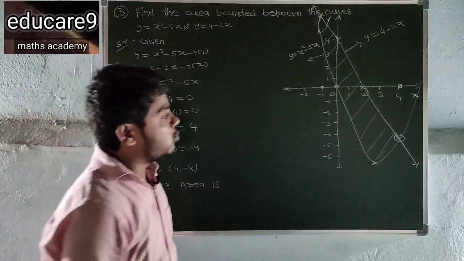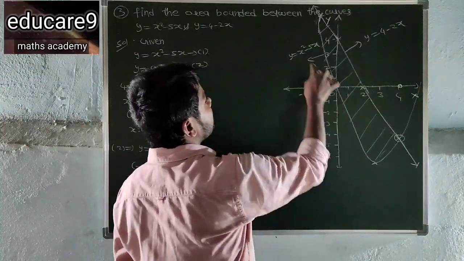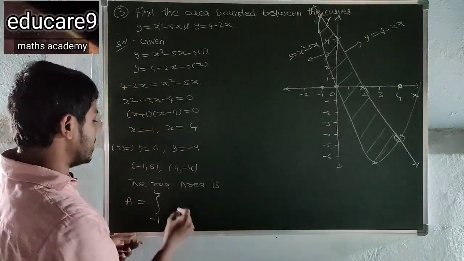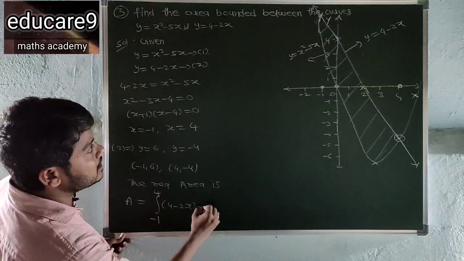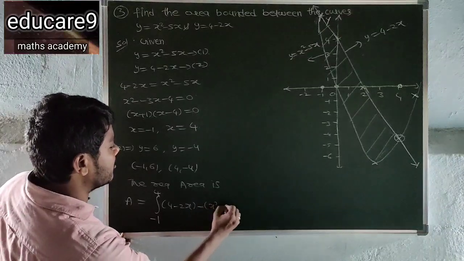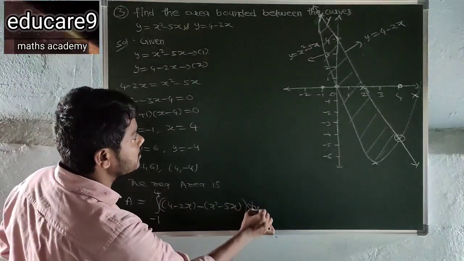And clearly what is the upper curve? 4 minus 2x is the upper curve, and the lower curve is x square minus 5x. So therefore this is 4 minus 2x minus (x square minus 5x), dx.